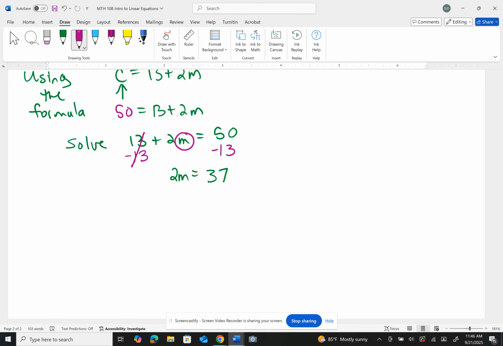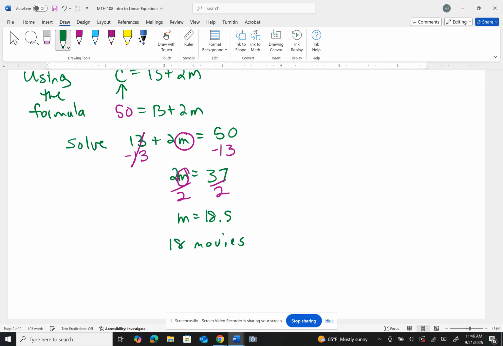And then just the idea that solving equations is all about kind of undoing what's been done to the variable. We'd have to think about, 2 is being multiplied by m. So I know I need to divide by 2. And then that would give you the 18.5. So then you would say 18 movies.